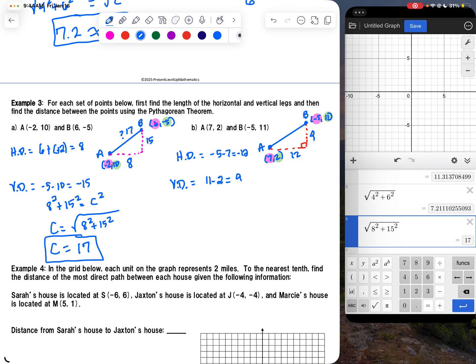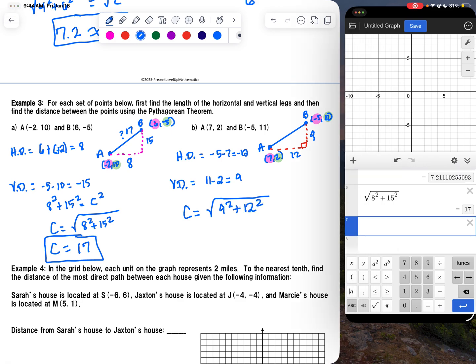So C would equal the square root of 9 squared plus 12 squared, which would give me a line segment length of 15 units. So the length of line segment AB is 15 units.